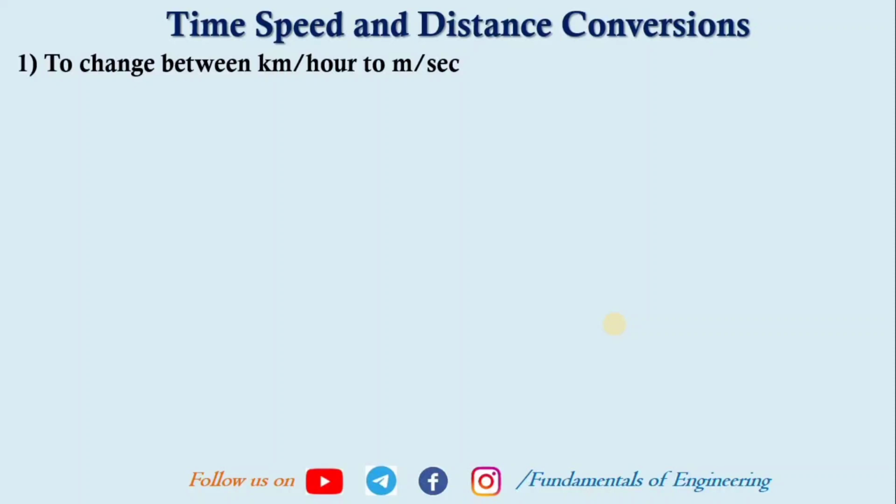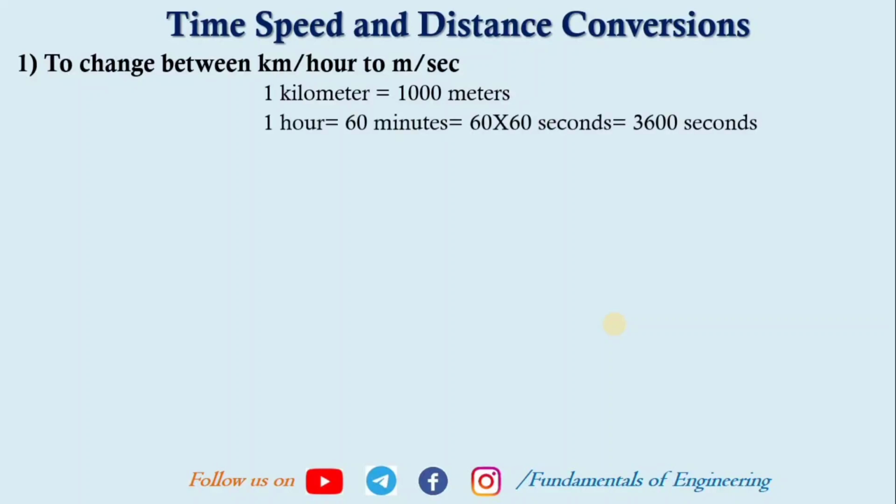For that, we have to know some values. We know that 1 kilometer is 1000 meters, and 1 hour is 60 minutes, and in each minute we have 60 seconds. So in 1 hour we have 3600 seconds. Now if you want to convert 1 kilometer per hour, we have to divide 1000 by 3600.